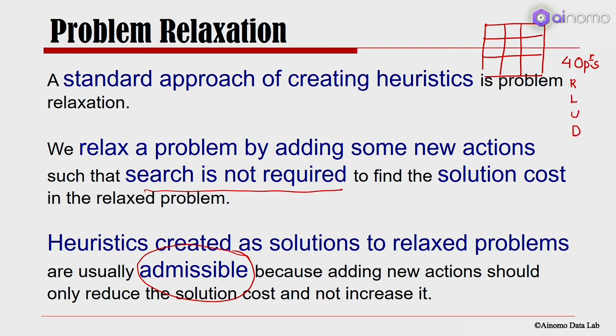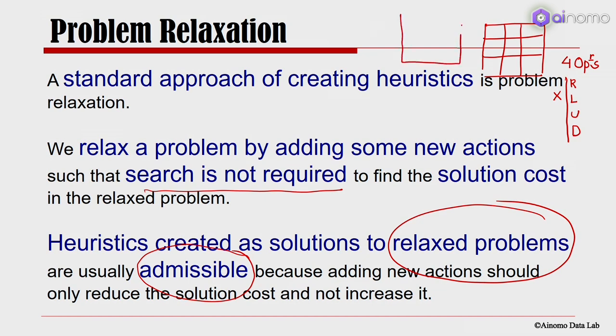When I was counting the displaced tiles, I was not looking at these 4 operations, but I was looking at a relaxed problem of the whole idea. The idea being that I assumed that I could take each tile and put it in its original position.